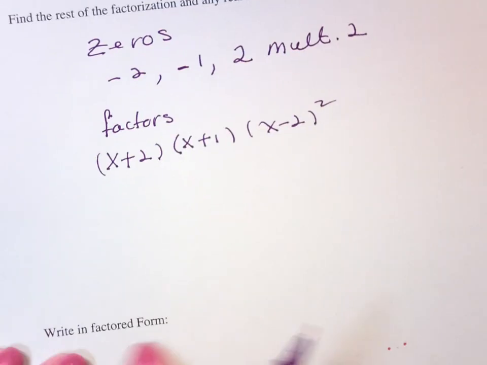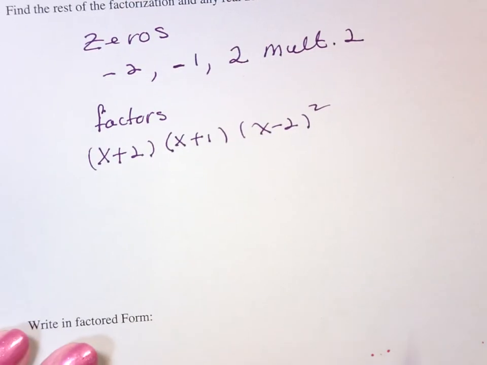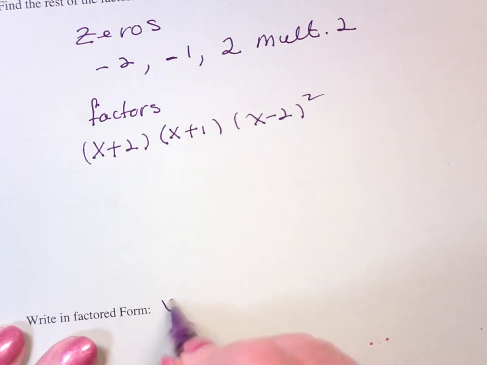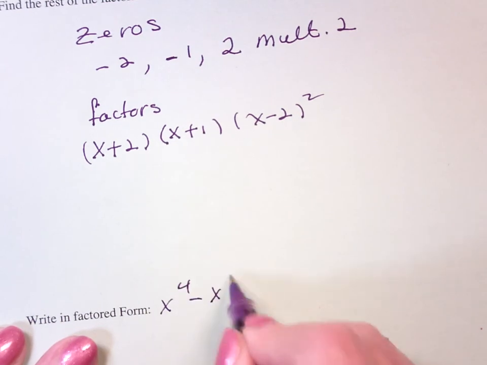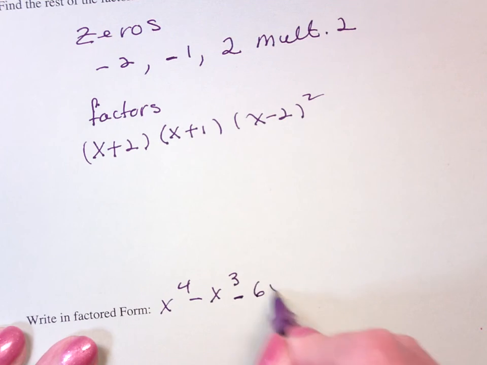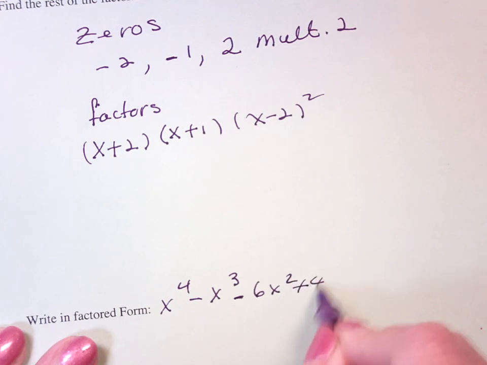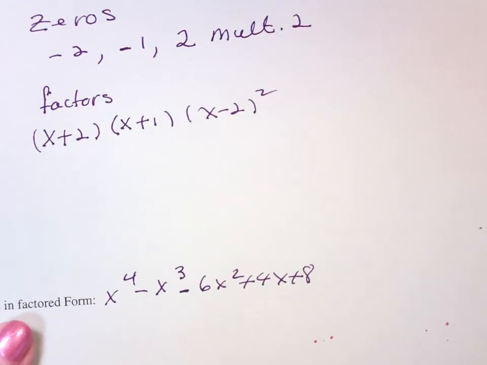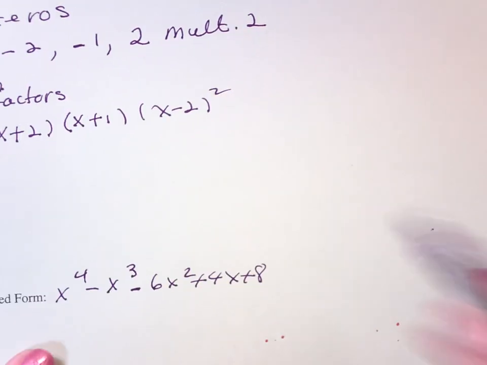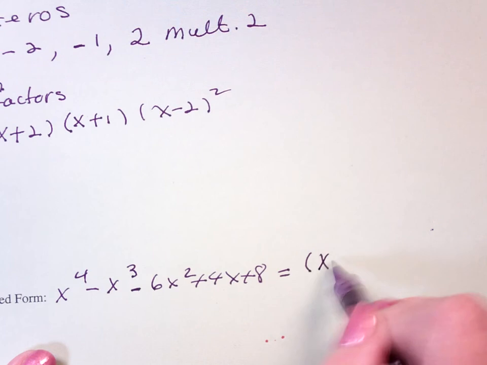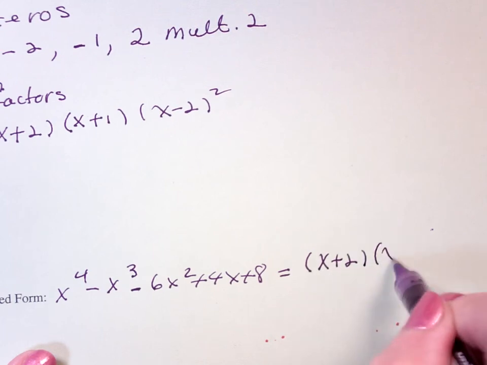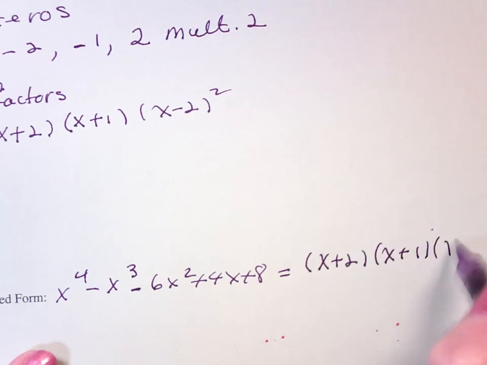So it says write in factored form. Well, we got it, that x to the 4th minus x cubed minus 6x squared plus 4x plus 8 is going to be equal to x plus 2 times x plus 1 times x minus 2 squared.